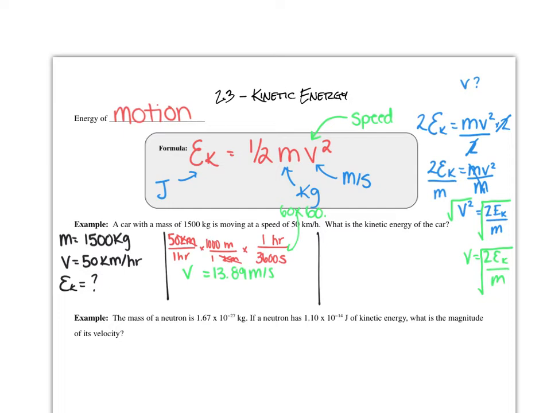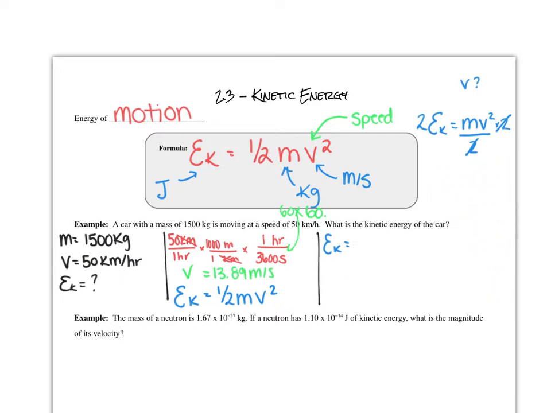The formula we're going to use is simply EK is equal to 1/2 times mv squared. So solving for that, EK is equal to, I'm just going to quickly erase what we did over here, maybe to give myself some room. So EK is equal to 1/2 times our mass of 1,500 kilograms times our velocity in meters per second, which was 13.89 meters per second.